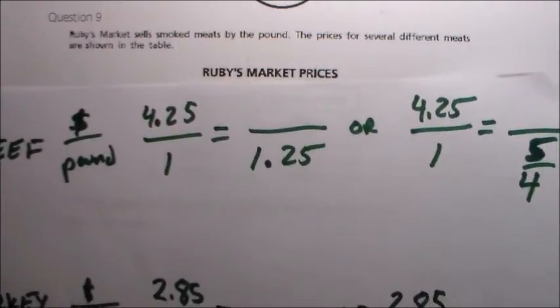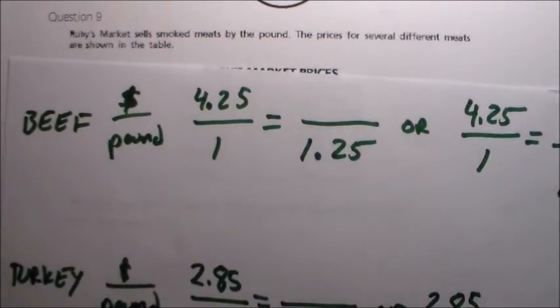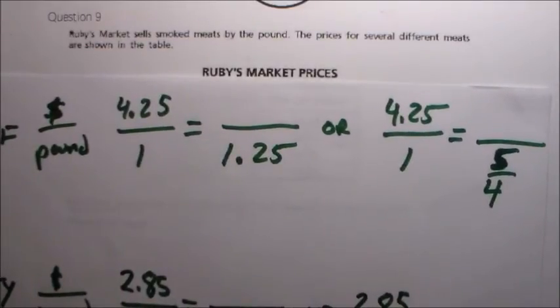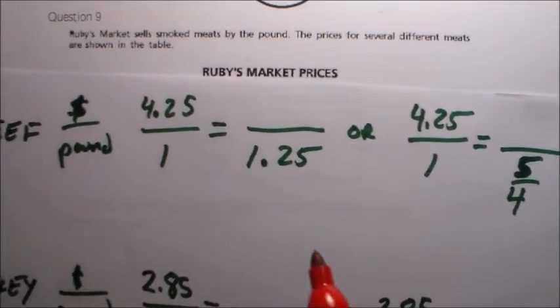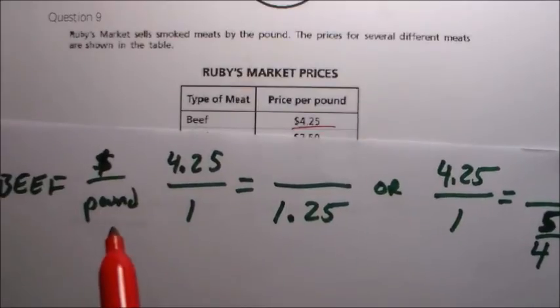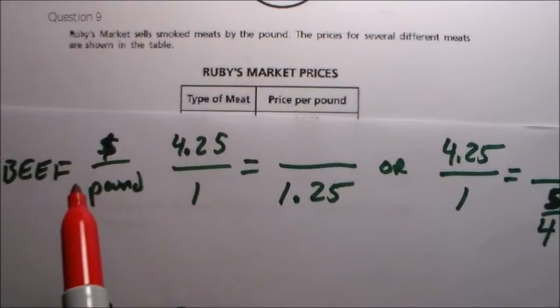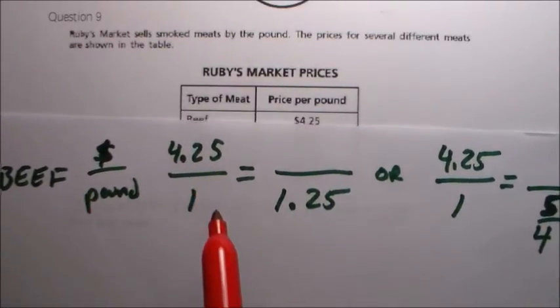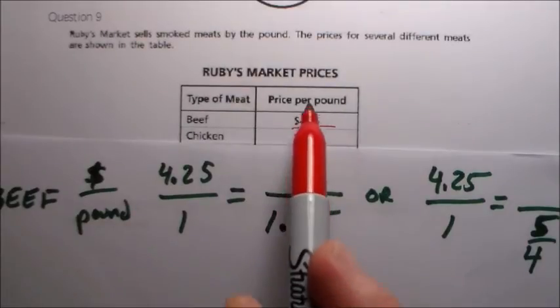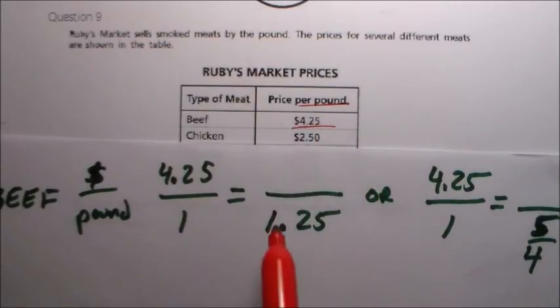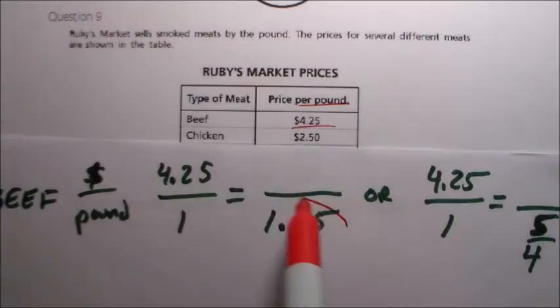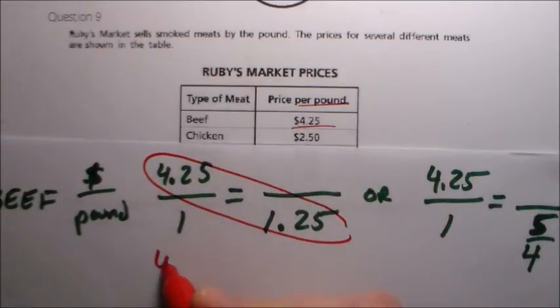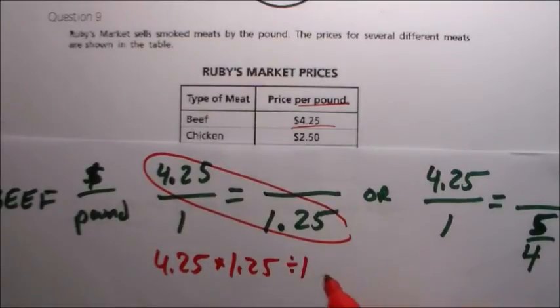All right, so first, let's find out how much 1 1/4 of beef costs. We're going to solve this two ways. We know for beef that it's $4.25 per pound. So how much does that equal for 1 1/4? Let's cross multiply: 4.25 times 1.25 divided by 1.